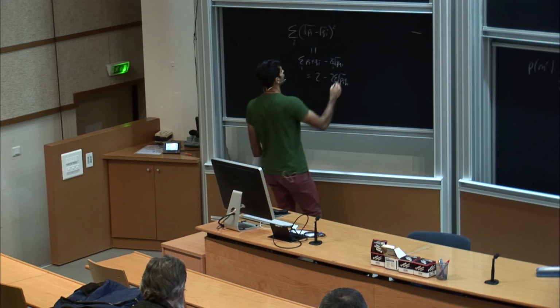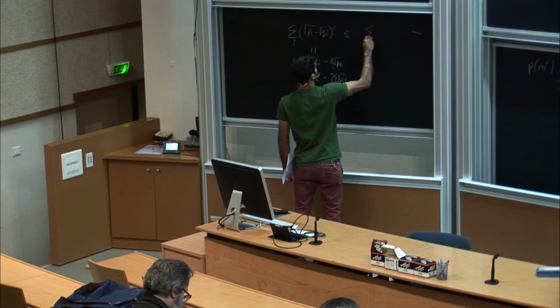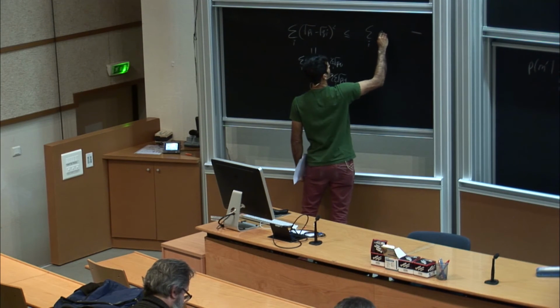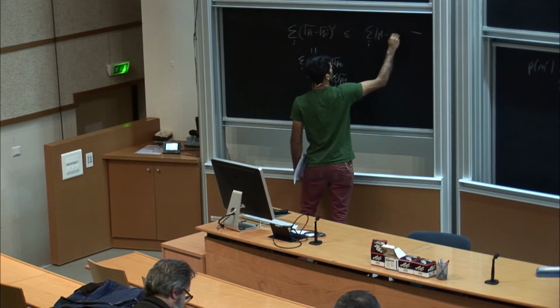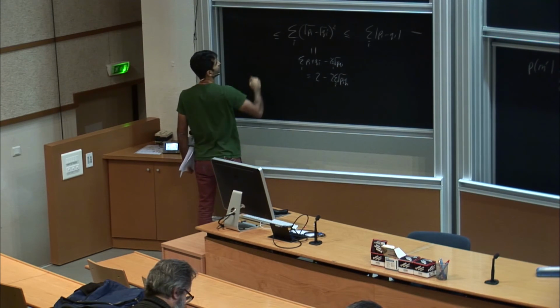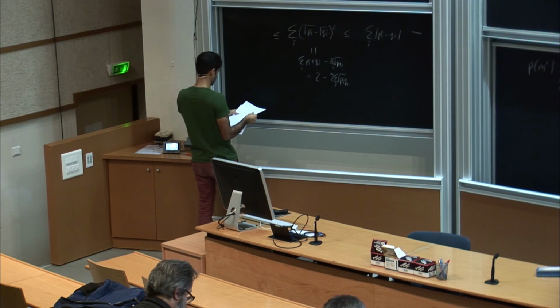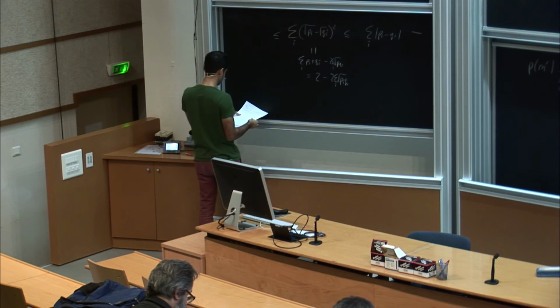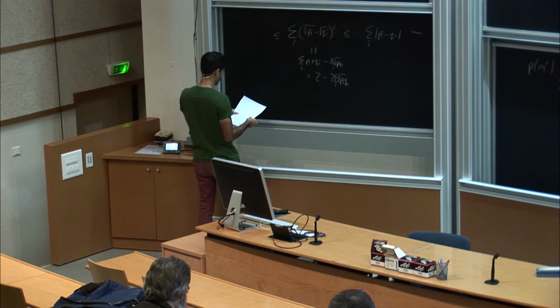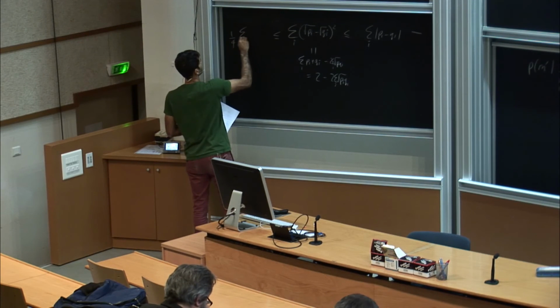On the one hand, you can show that it's upper bounded by the L1 distance, and it's also lower bounded by the square of the L1 distance, I think. So I think it should be 1/4.